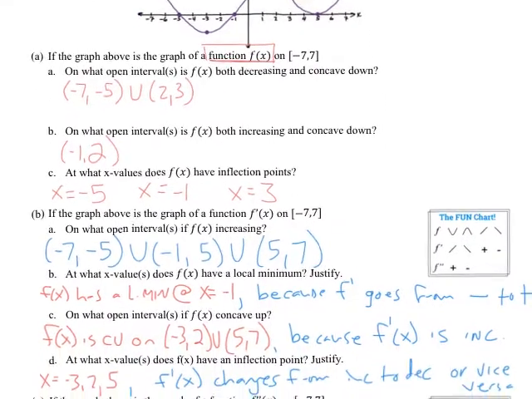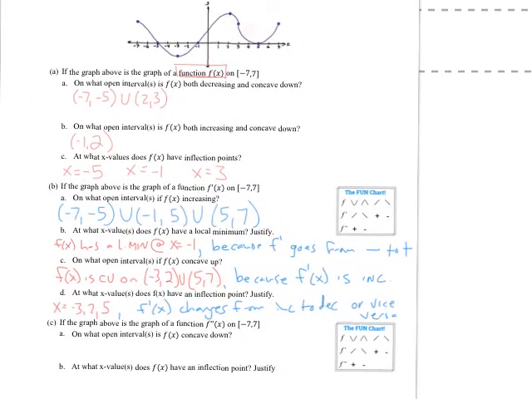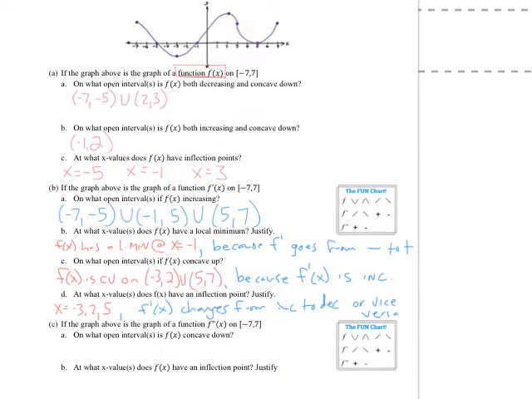So when we go to the question, it asks us, on what open intervals are we concave down? Well, we're looking for points on the graph where f prime prime is negative. So that occurs from -5 to -1. Since f prime prime is negative, the function is concave down.